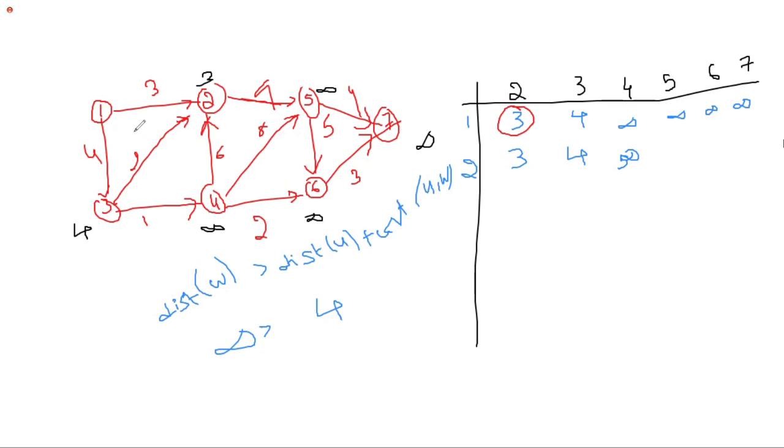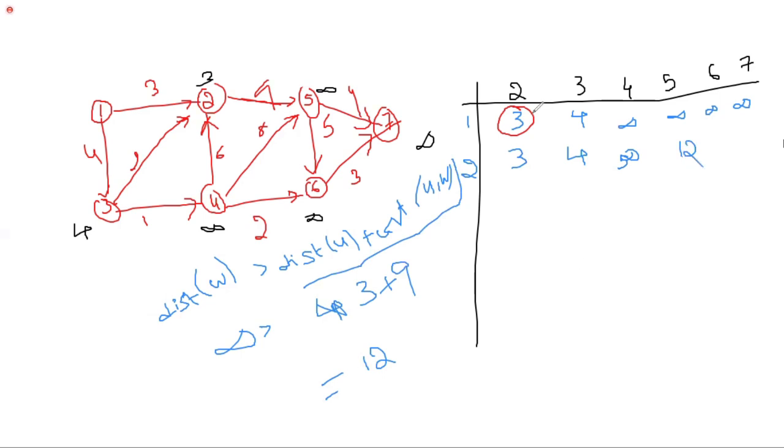Distance of U means 1 to 2, what you have selected, that is 3, right? 3 plus cost of U comma W, where U is this vertex 2 and W is 5. Cost of U comma W is equal to 12. So which one is greater? Infinity is greater. If the condition holds, replace distance of W with this formula, so it will be 12.